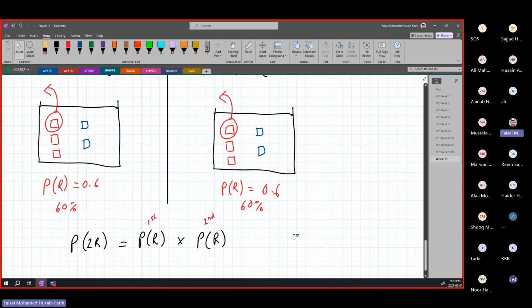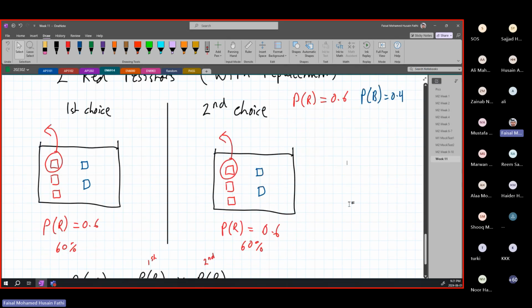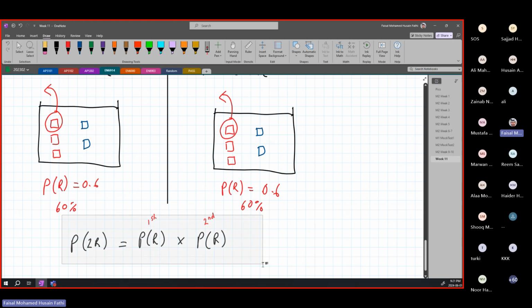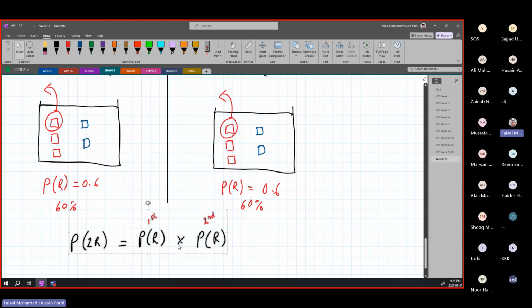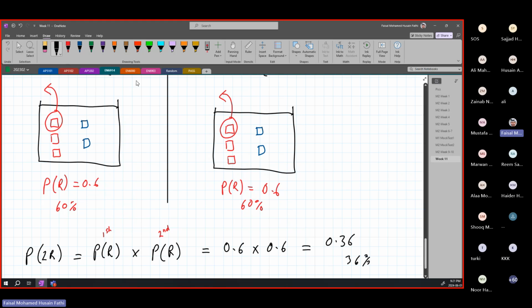Sometimes you'll see that. Why do we say AND? So we say the first and second resistor are red. All right. So this is going to be multiplication. You will be multiplying your first choice and your second choice to find your total probability, which is 0.6 times 0.6 equal to 0.36 or 36% chance.